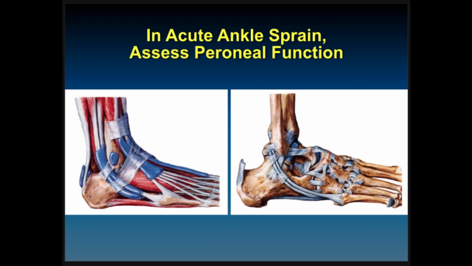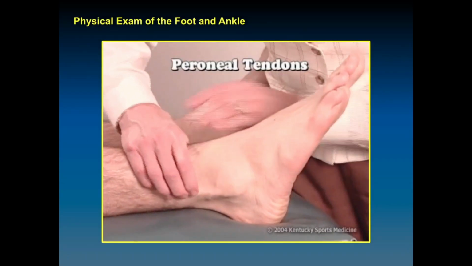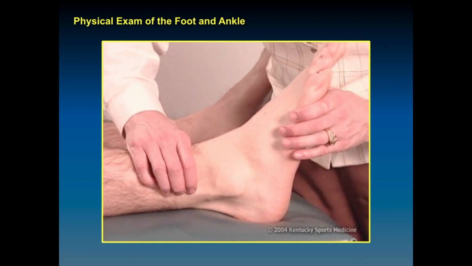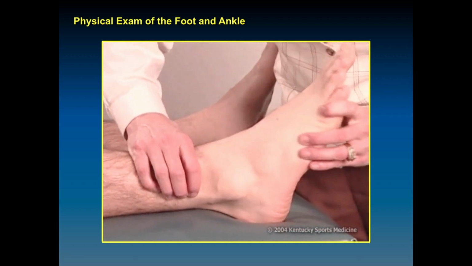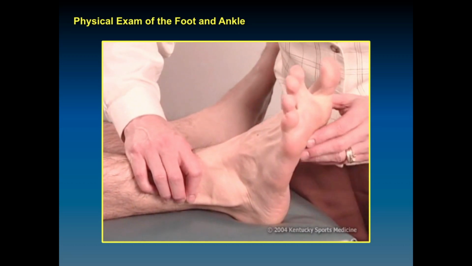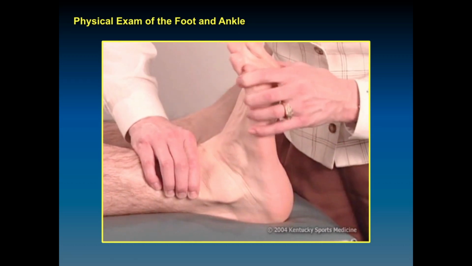This shows the different sheaths covering the peroneal tendons. So this is a palpation of the peroneus longus and brevis, and ask the patient to evert and palpate the peroneal tendons, both the peroneus longus and brevis.